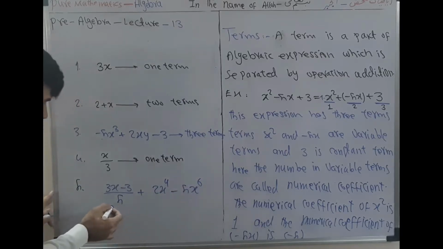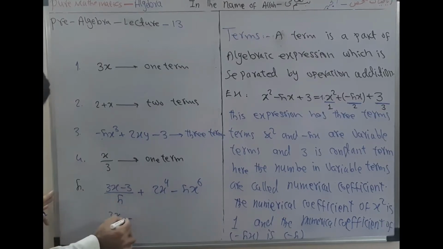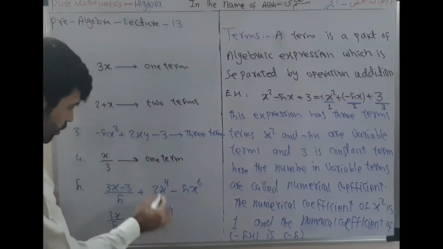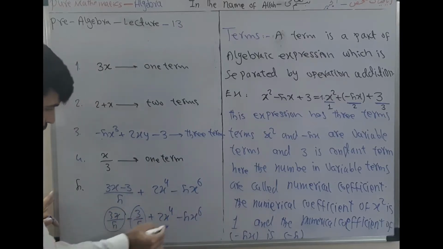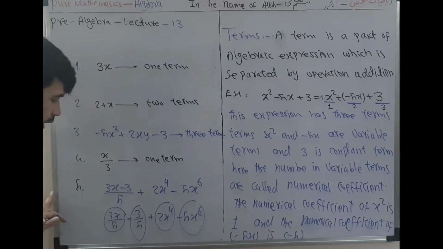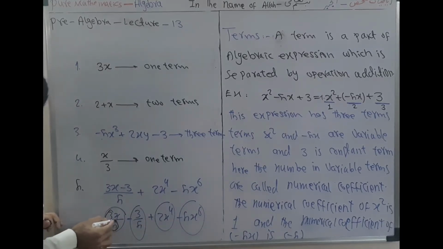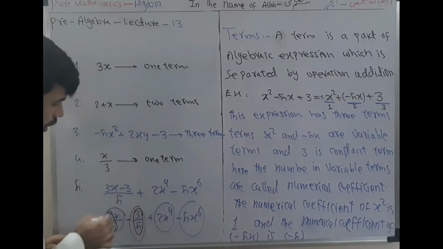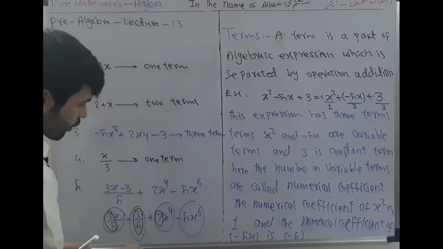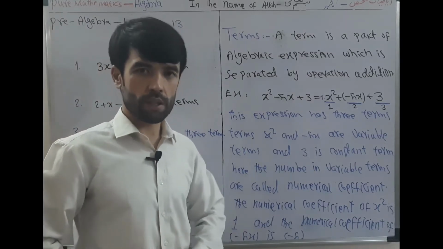It has four terms: 3x over 5, minus 3 over 5, 2x to the power 4, and minus 5x to the power 6. 1, 2, 3, 4. It has four terms. 3 over 5 is the numerical coefficient of x. Minus 3 over 5 is the constant term. 2 is the numerical coefficient of x to the power 4. Minus 5 is the numerical coefficient of x to the power 6.